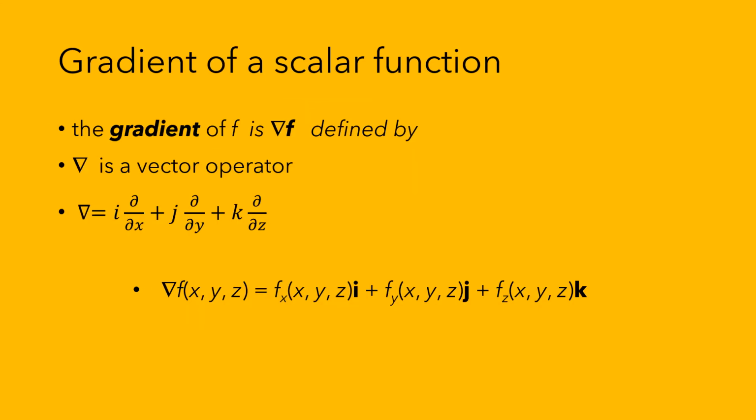So the gradient of a scalar function is defined by del f, where del is an operator. It is a vector operator: i hat dou by dou x plus j hat dou by dou y plus k hat dou by dou z. So del f will be fx times i, fy times j, fz times k.